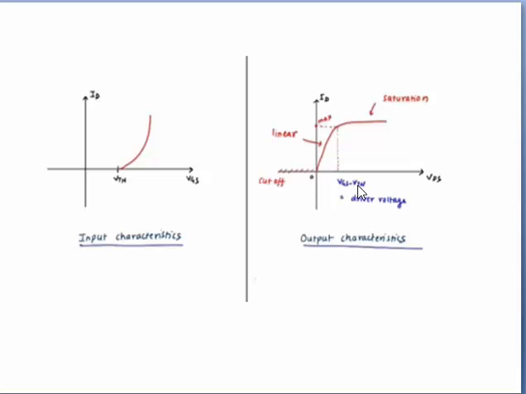Now one more point I want to discuss here: if VDS is equal to VGS minus VTH, what will happen? That means if VDS is equal to the driver voltage, or VDS is greater than the driver voltage, then what will happen in this case? In this case, MOSFET is in saturation region. Saturation means maximum current flows.